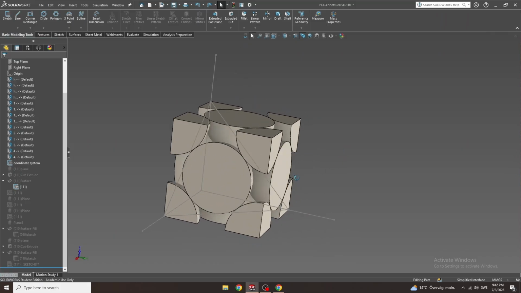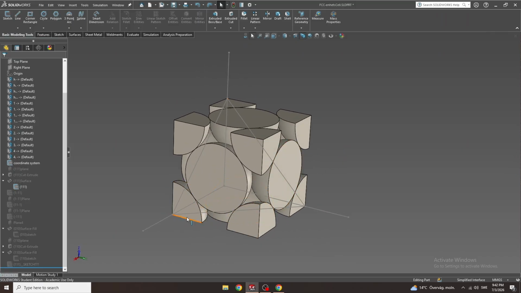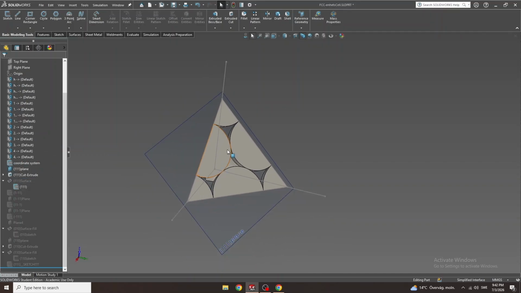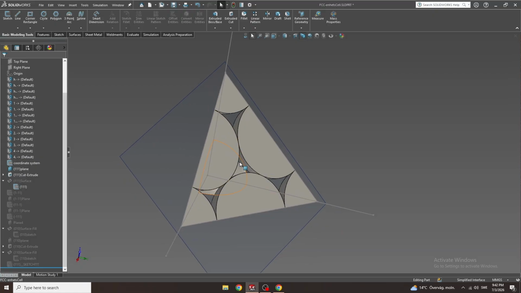So this plane is the 111 plane, and this is the planar density for this 111 plane.